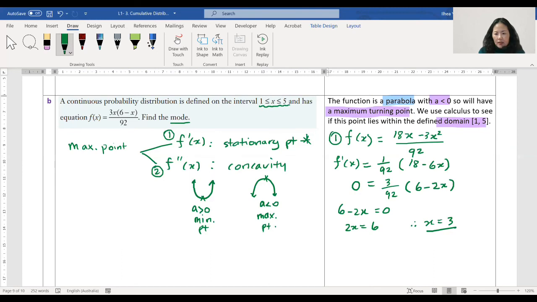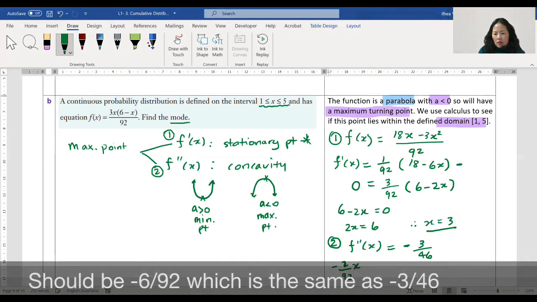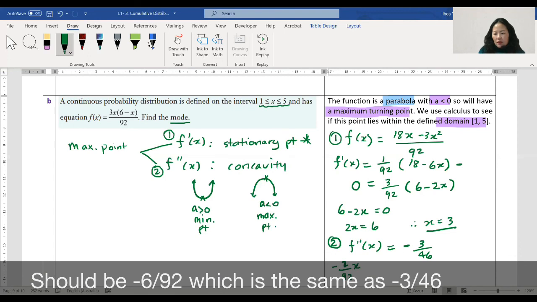Now, that's just a possible maximum point. Okay, so let's confirm that. So I'm going to go to the second derivative from here. If I do that, I'll just get minus 3 over 46, because all I have is 1 over 92 times minus 2x. That's what it is. And then I just simplify, so that becomes minus 2 over 92.